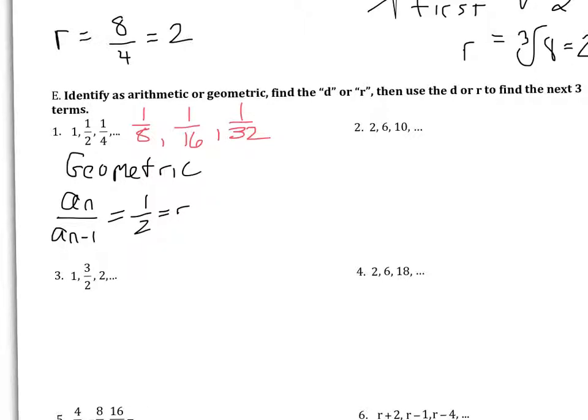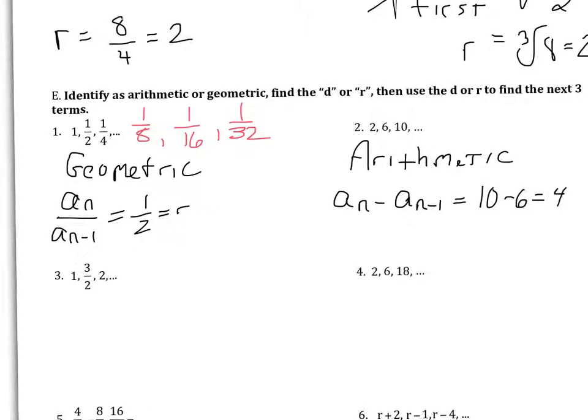Number 2, going from 2 to 6 is up 4. Going from 6 to 10 is up 4. So this is arithmetic. And if I'm doing arithmetic to find my common difference, I'm going to take my a sub n and subtract my a sub n minus 1, which in this case, let's go with 10 minus 6, which is 4.